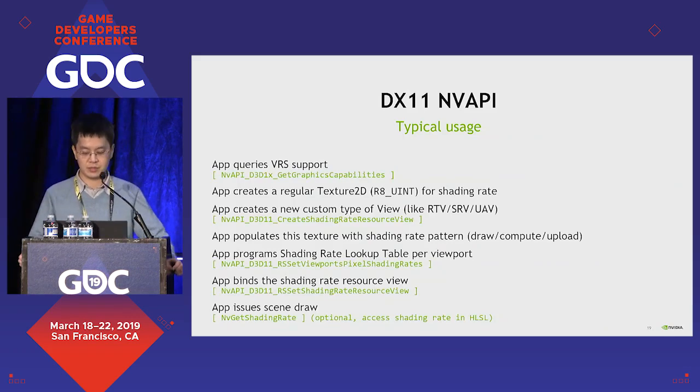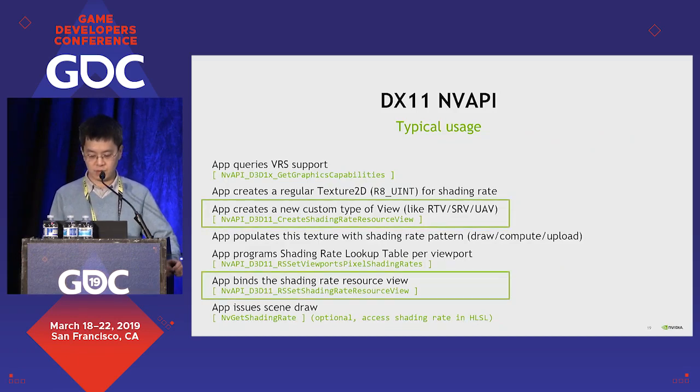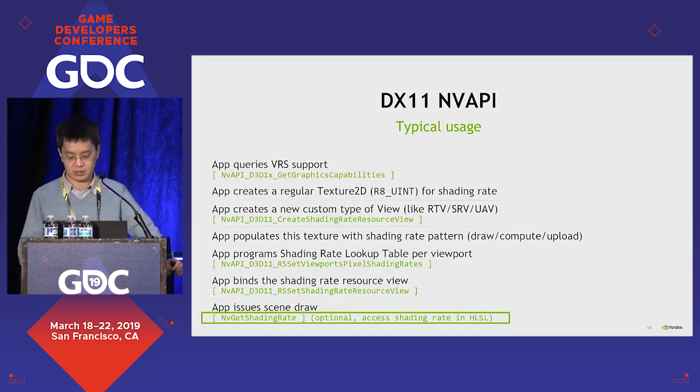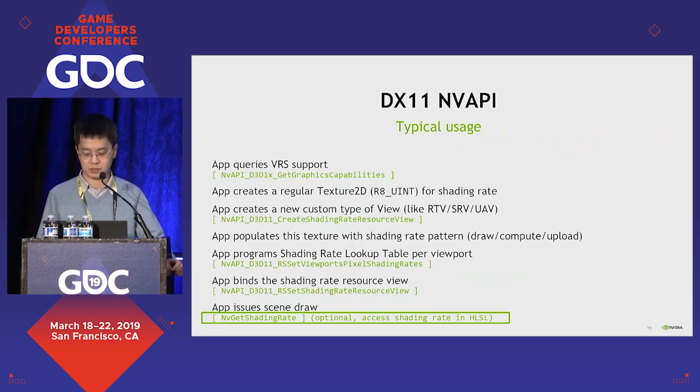And this is how you do it in DX11 with NVAPI. So we provide functions that you can call for each step that I listed on the previous slide. For the shading rate texture, you need to create and bind a special type of view, similar to a shader resource view or an unordered access view. And there's an HLSL function that you can optionally use to access a shading rate in the pixel shader, but only if you need to do some shading rate aware tricks.